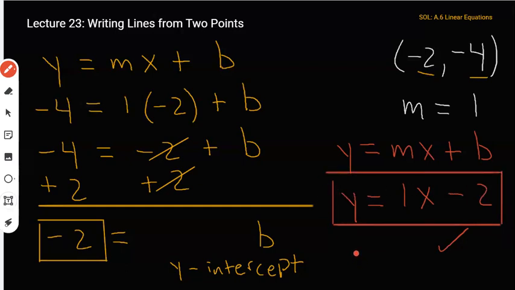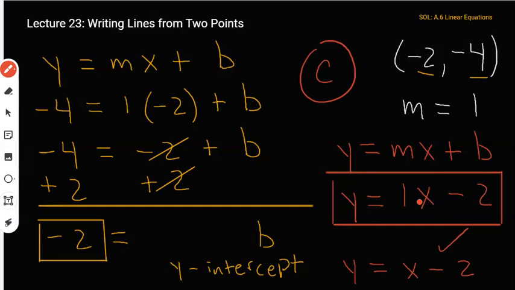You could write it like that, or you could write it like this, x minus 2. Yeah, so your answer choice is going to be C. I keep doing that part wrong.